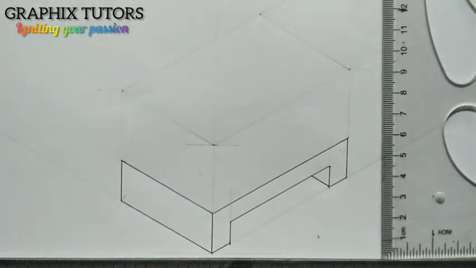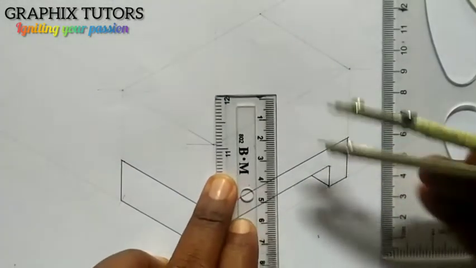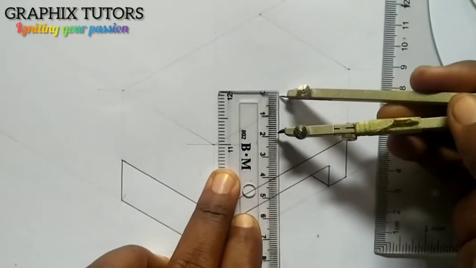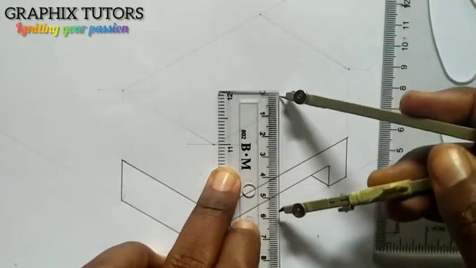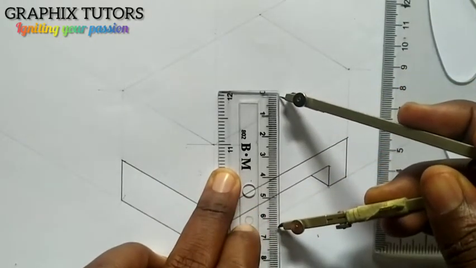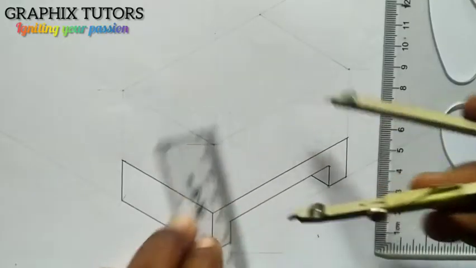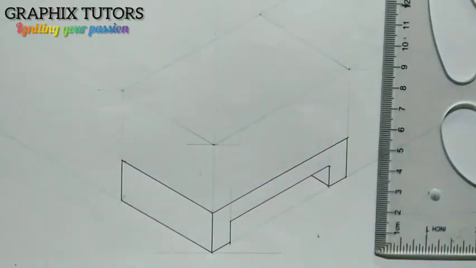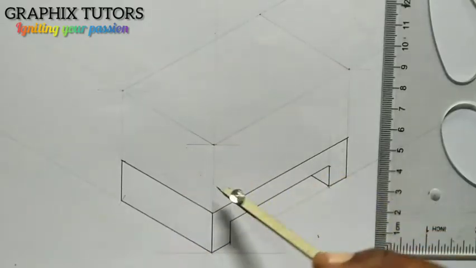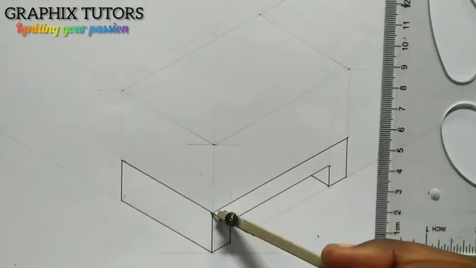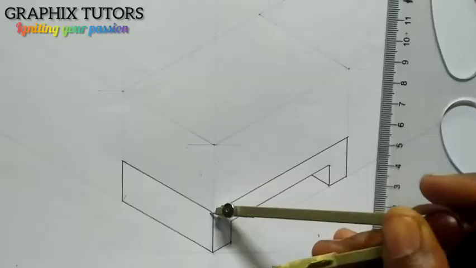So I'll measure 64. You take your meter rule, and you measure 64 from here. This is 64 here, right? And you place it at this point here, and you mark here.